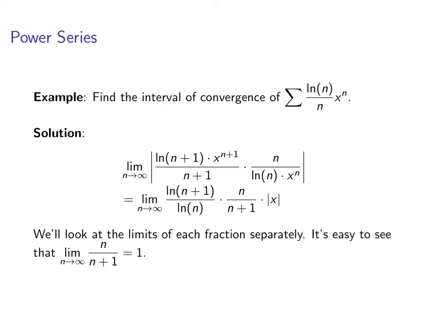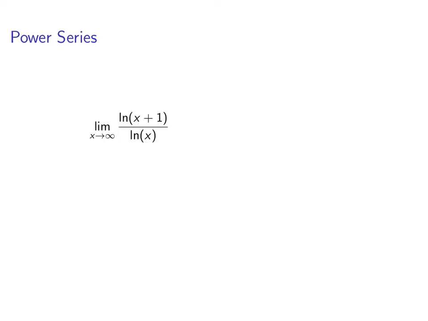It's easy to see that the limit of n over n plus 1 is equal to 1. Highest order terms, right? Now we're going to have to worry about the limit of log of n plus 1 over log of n. We're going to use L'Hopital's rule on that. In order to use L'Hopital's rule, we really have to write it with an x.